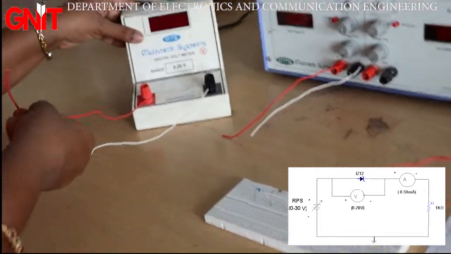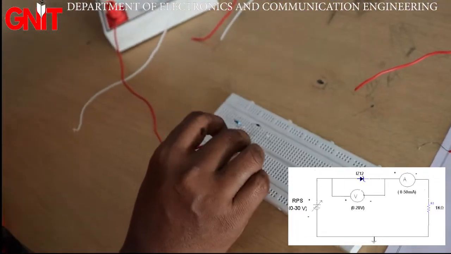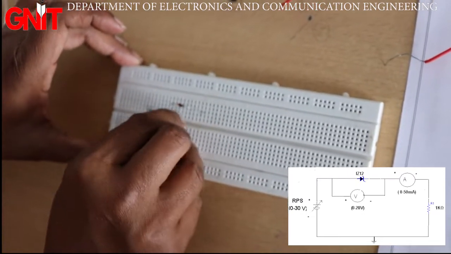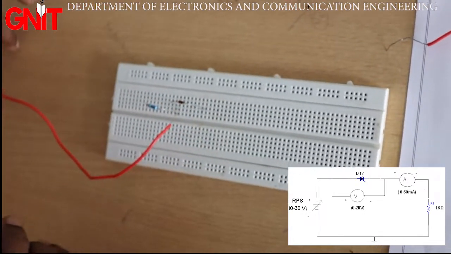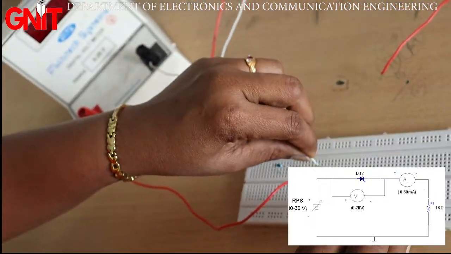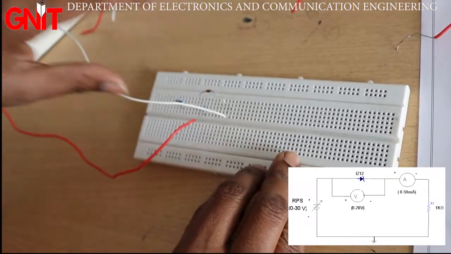The voltmeter positive terminal is connected to the anode of the diode, and the negative terminal of the voltmeter is connected to the cathode of the diode.